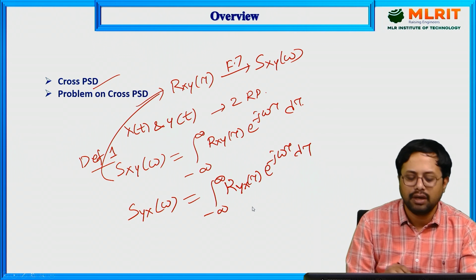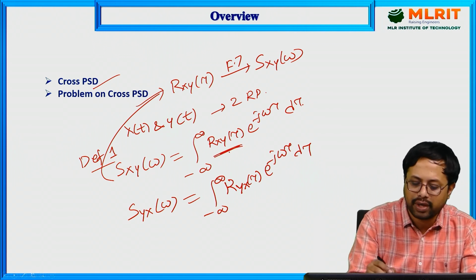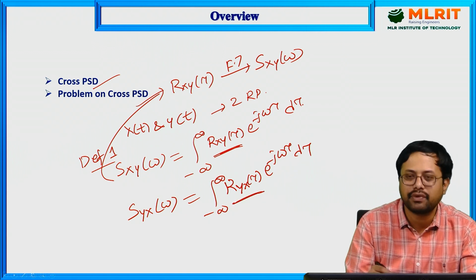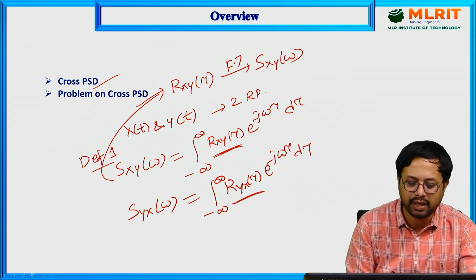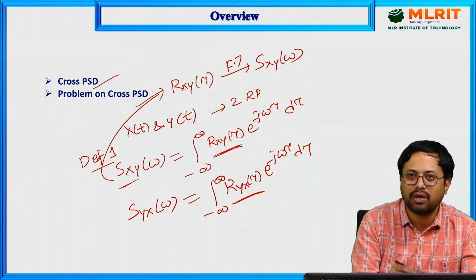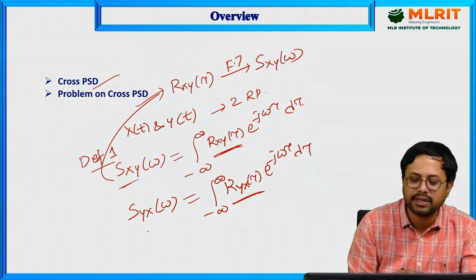Here we are taking the input as the cross correlation function of x of t and y of t, or of y of t and x of t, and the resultant output is the cross power spectral density by using these two expressions.